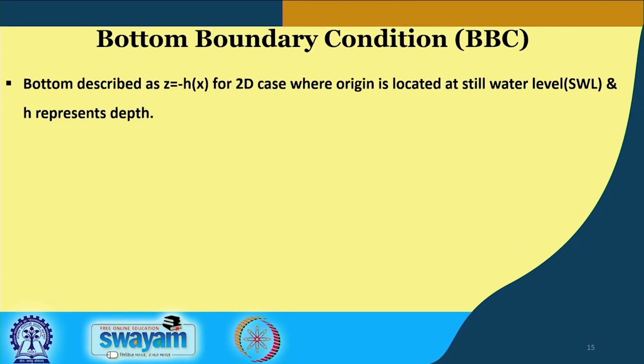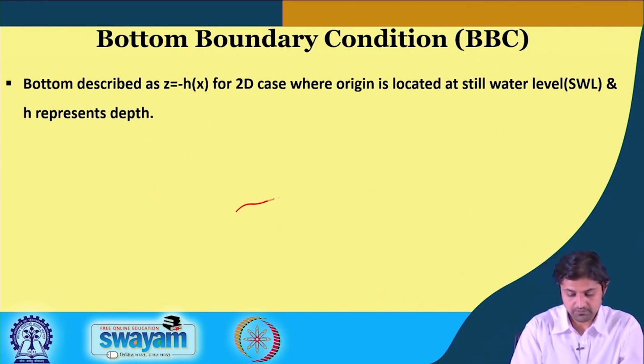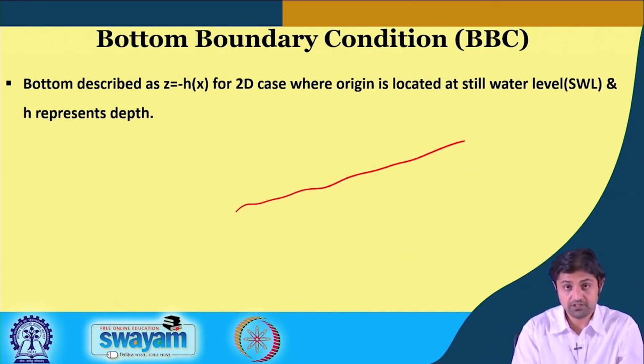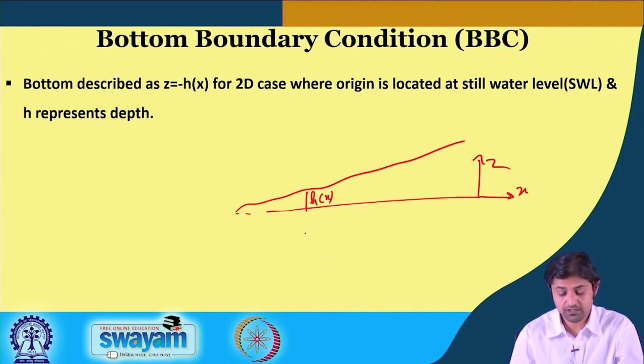So, let us say the bottom is described as z is equal to minus h of x. If this is the river bed or the sea bed, and this is x and this is z, then this depth is z equal to minus h of x, because we are considering 0 at the free surface.